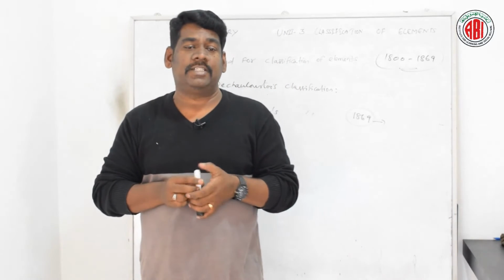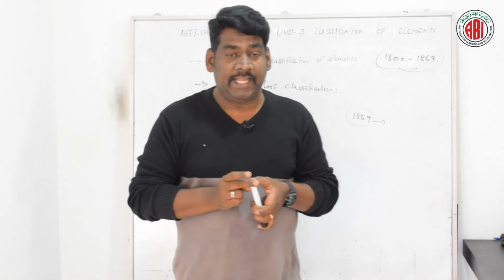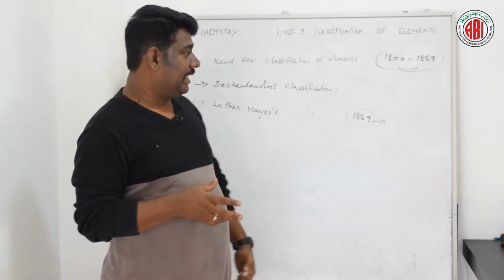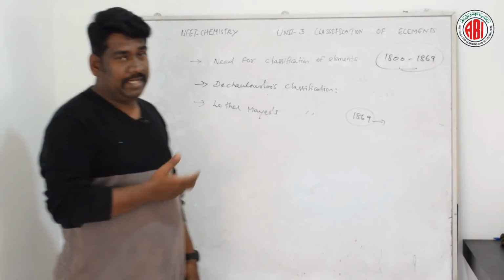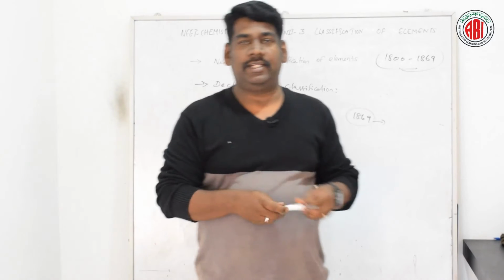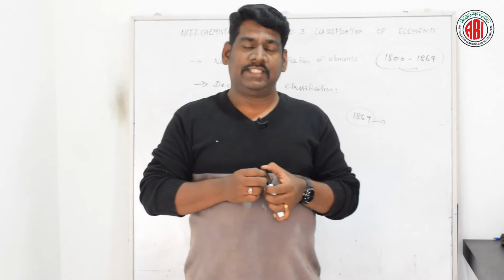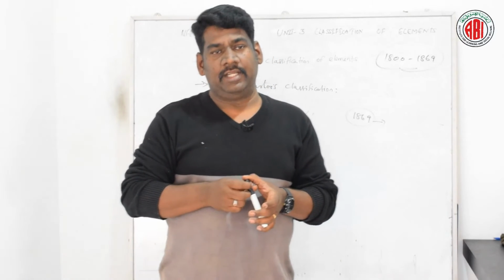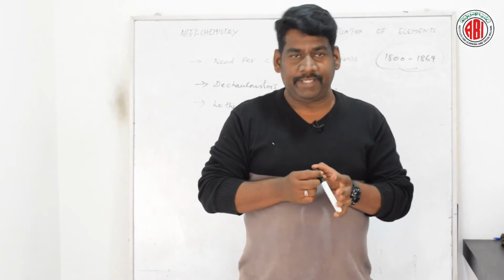This is responsible for the name periodic law or periodic table, and this entire credit goes to Mendeleev. On the basis of this periodic law, Mendeleev arranged all the known elements in the form of a table, and that table is considered the periodic table.